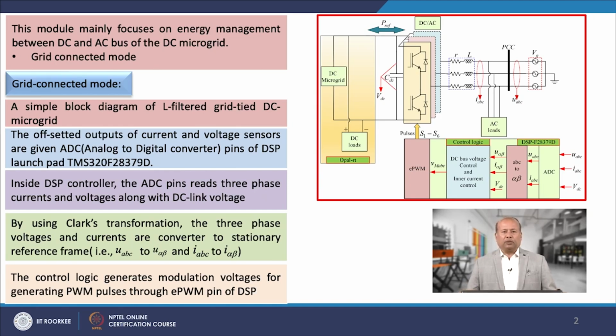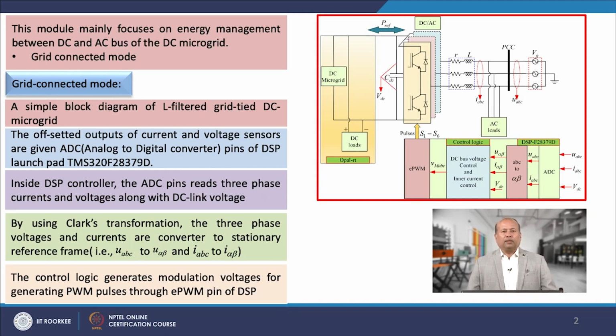Inside the DSP controller, the ADC pins read the three-phase currents and voltages along with the DC link voltages. By using Clarke's transformation, the three-phase voltages and currents are converted to the stationary reference frame from ABC to alpha beta, such as UABC to U alpha beta and IABC to I alpha beta.